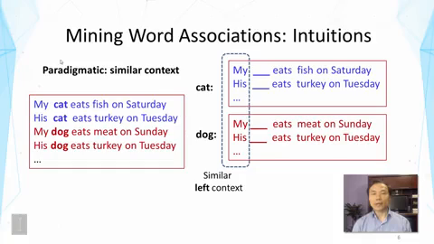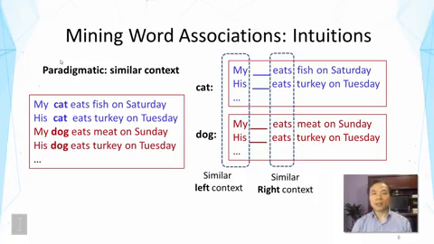So we can call this left context. What words occur before we see cat or dog? So you can see in this case, clearly dog and cat have similar left context. You generally say his cat or my cat, and you say also my dog and his dog. So that makes them similar in the left context.